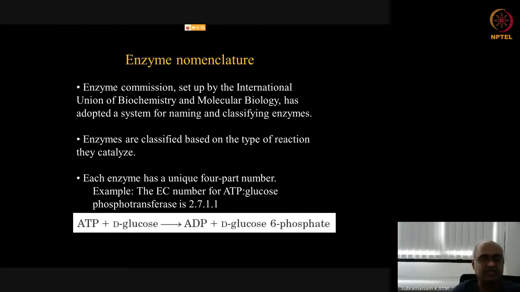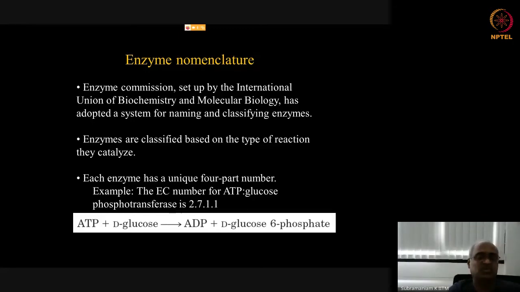You may not even have considered the substrate. Maybe you would have considered the name of the organism where you isolated it and gave a name based on that organism. Someone else working continents away discovered the same enzyme from some other source and gave a different name.